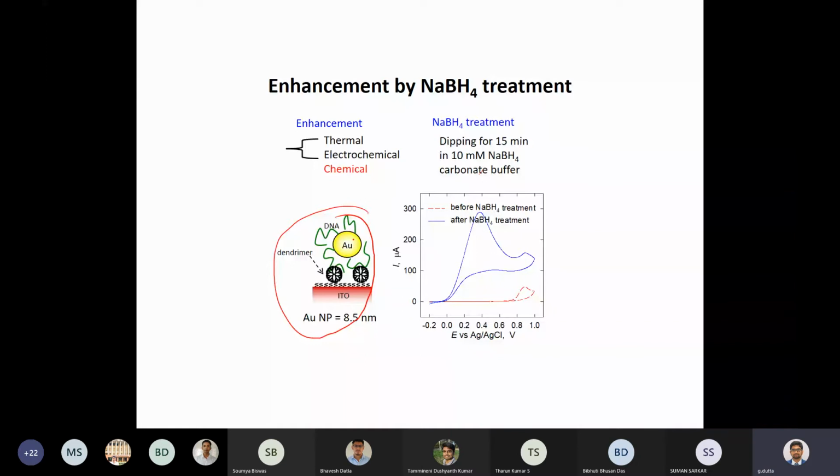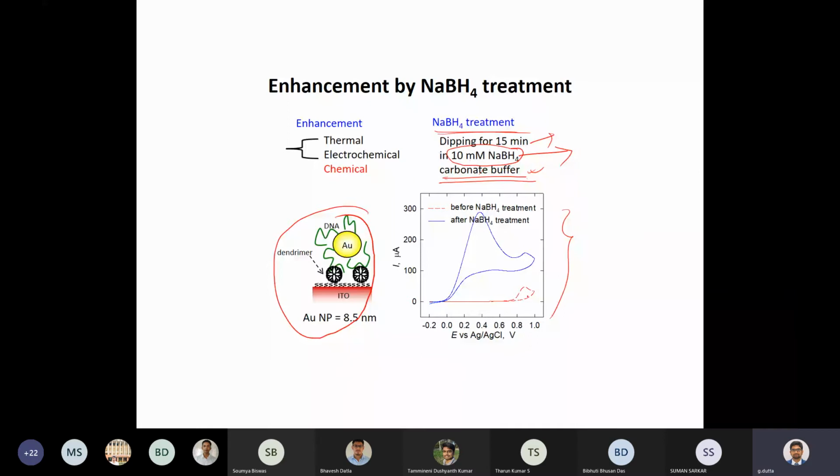If we dip for 15 minutes in 10 millimolar sodium borohydride in a carbonate buffer, meaning we dip the nanoparticles in a buffer solution containing 10 millimolar sodium borohydride, you can see in the picture how much it activates within 15 minutes.